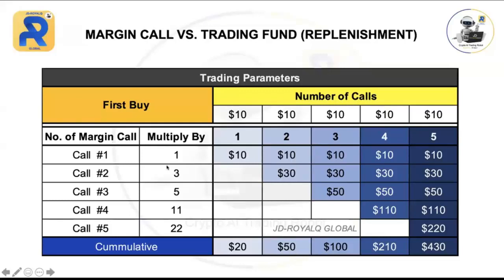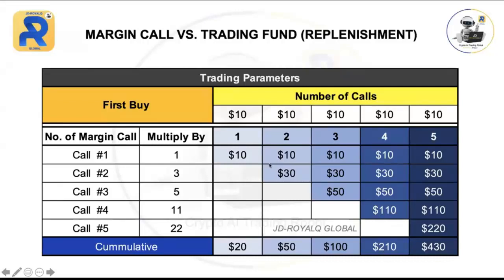So now, if it goes down further to the third call, that will be multiplied by 5, which is $50. So 50 plus another 50 earlier, that will be $100. And if it goes down to margin call 4, that will be multiplied by 11, that is 110. 110 plus $100, that will be 210. And finally, there will be 430.